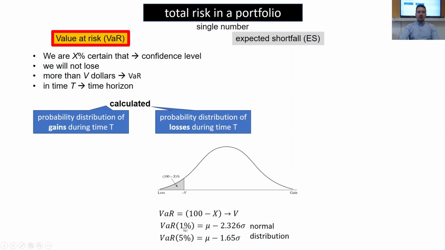For 1% probability, we just have to multiply the standard deviation with the number 2.326, and for the 5%, we just multiply it with 1.65. So it's absolutely simple, because also we can say that these are zeros, because the expected value is 0, so this is what remains there.